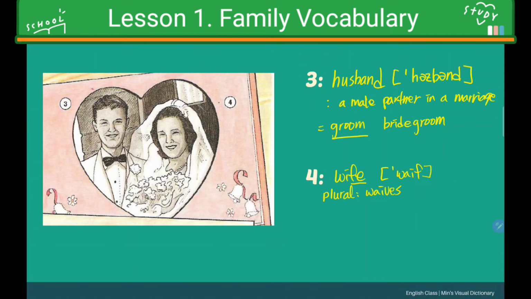Wives or knives. Okay? And then we have the word for bride when it is used in a wedding or marriage. So bride. And the pronunciation for this one is like that. Bride. Okay, let's move on.